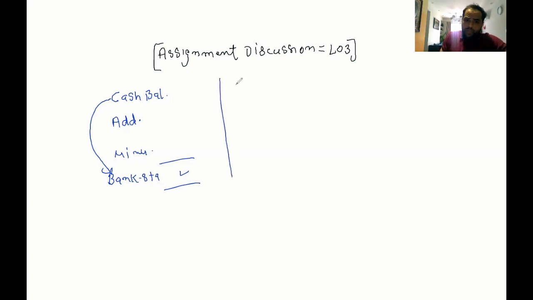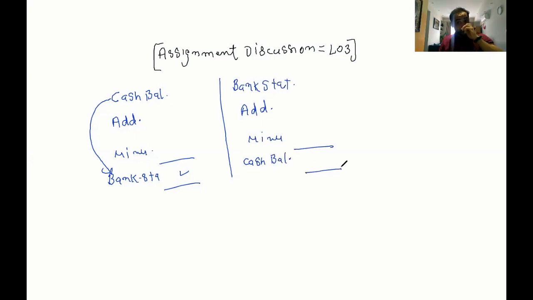If we start with bank balance, or balance as per passbook, you add and minus something, and then you reach the cash balance.